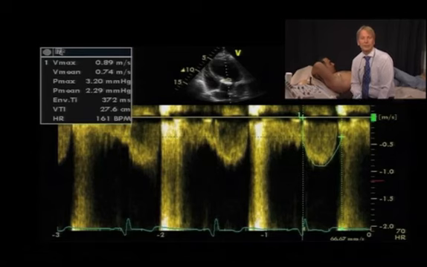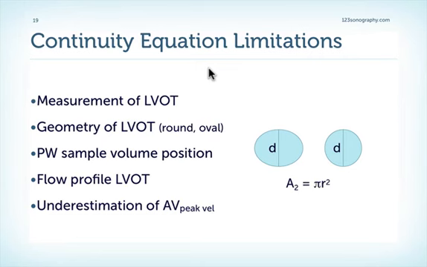There are some limitations to the continuity equation, and you just saw in the demonstration that we have to be very exact about how we obtain the measurements.